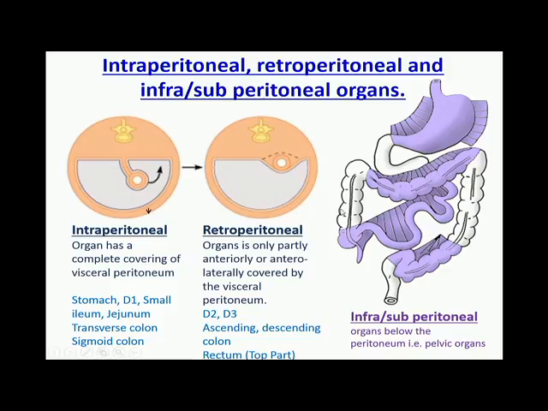Whereas some of the organs become retroperitoneal or partially retroperitoneal. These are the uncolored ones, like the duodenum. It is compressed onto the posterior abdominal wall, loses its mesentery, ascending colon, descending colon. Right? They all lose their mesenteries and they become like that. So their mesentery is absorbed. So this part is absorbed, right?